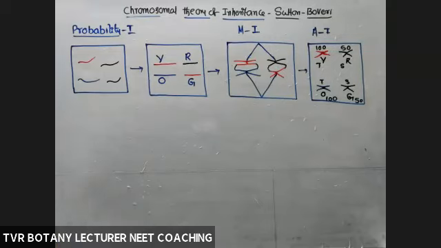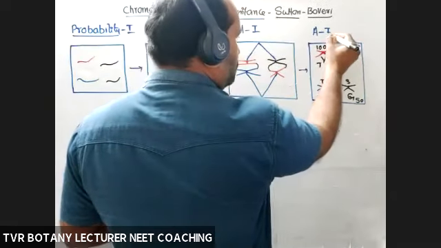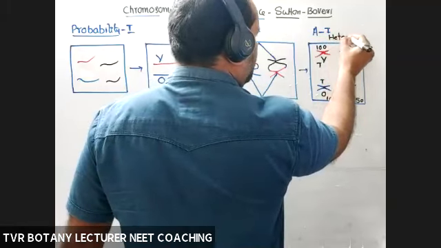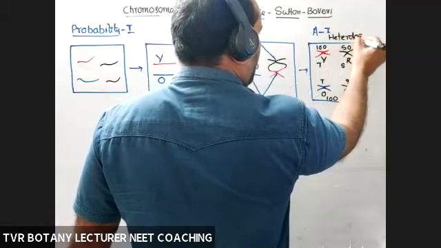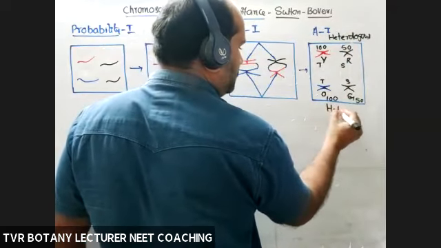So after separation, the yellow chromosome is segregated along with the red chromosome. Okay. So now the pole has heterologous chromosomes. Heterologous or not? Yeah, definitely they are heterologous. This one also heterologous.